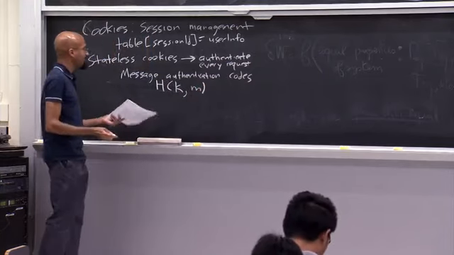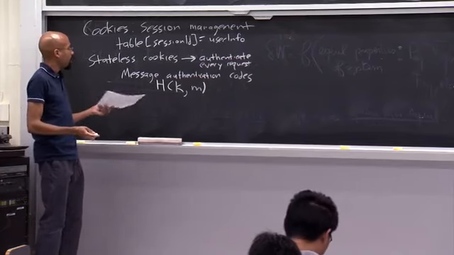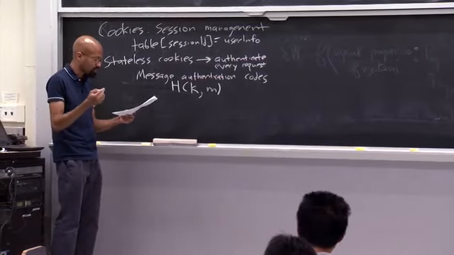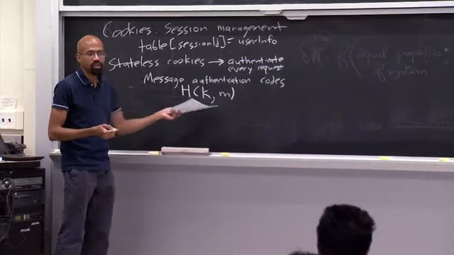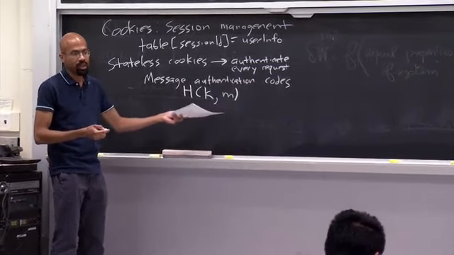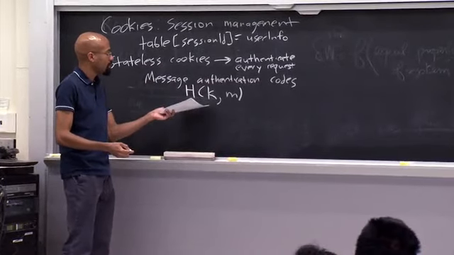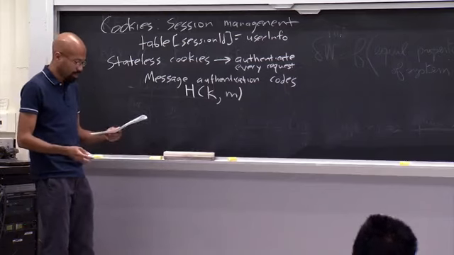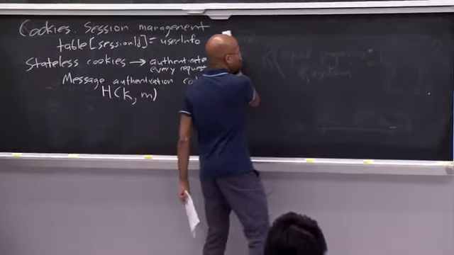The basic idea is that the client, the user, and the server are going to share some secret key K. The client uses that key to produce a signature over the message that it sends to the server, right? And then the server, who also knows the key, can use this same function to validate that the signature is correct.